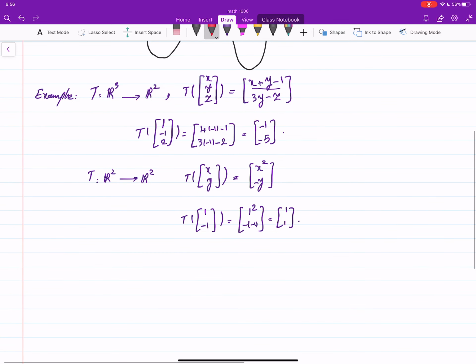Two things that you need to know, notation or terminology.